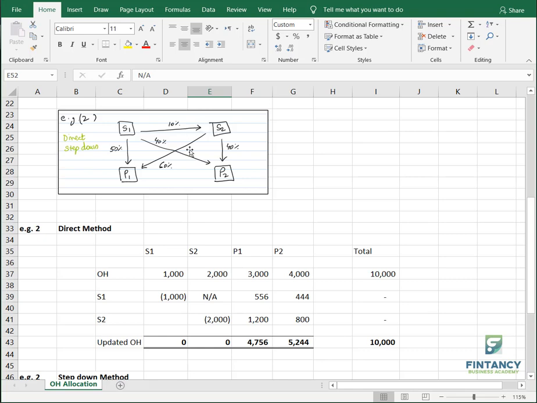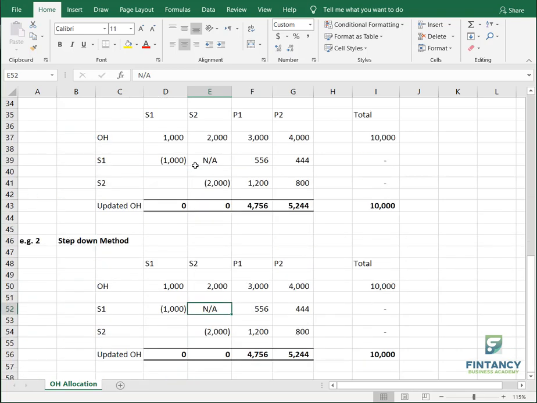How much? 10%, right? So how much is 10% of 1000? 100, so 1100, right? And then 50 and 40, so 500, 400. Got the point, everyone? So this is the answer if you are using step down method.